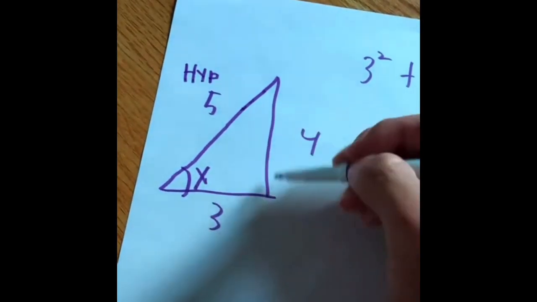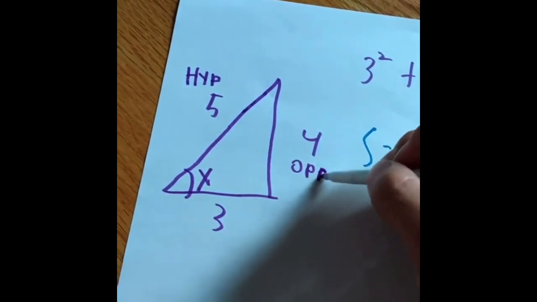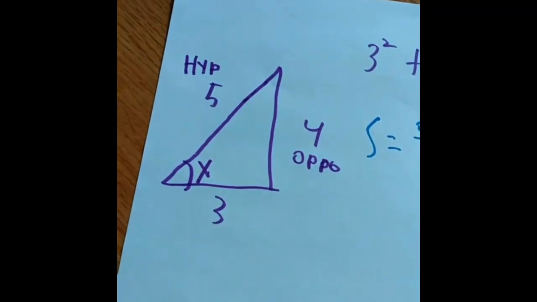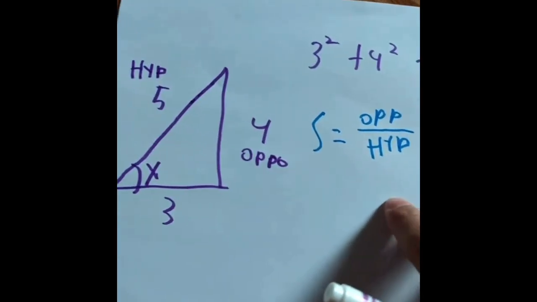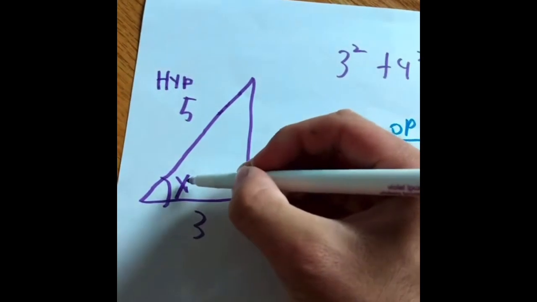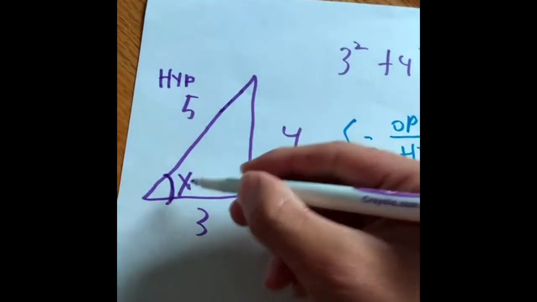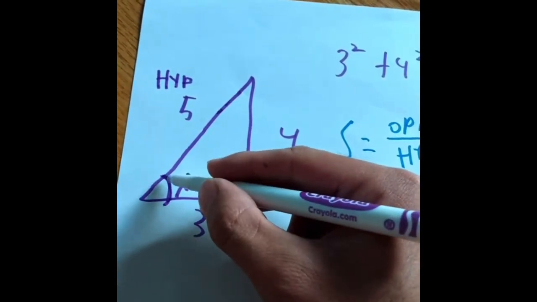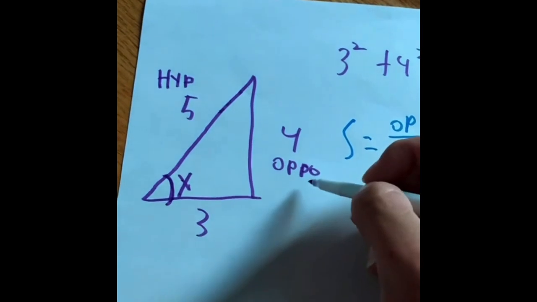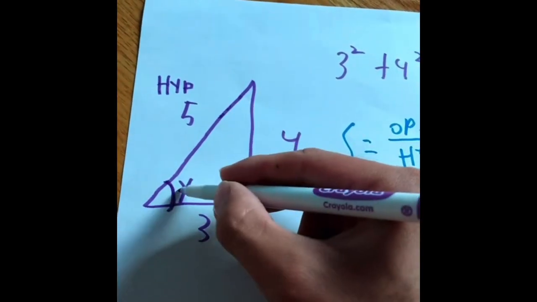Right over here, which is the height, is going to be called our opposite. The reason why is that in some of these formulas we try to find what that angle x is, like how wide that angle is. So the opposite is the opposite side of the angle.